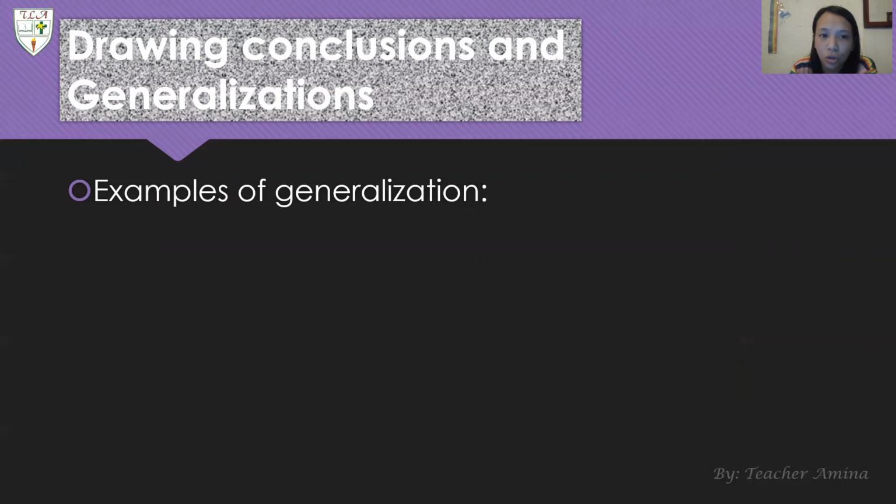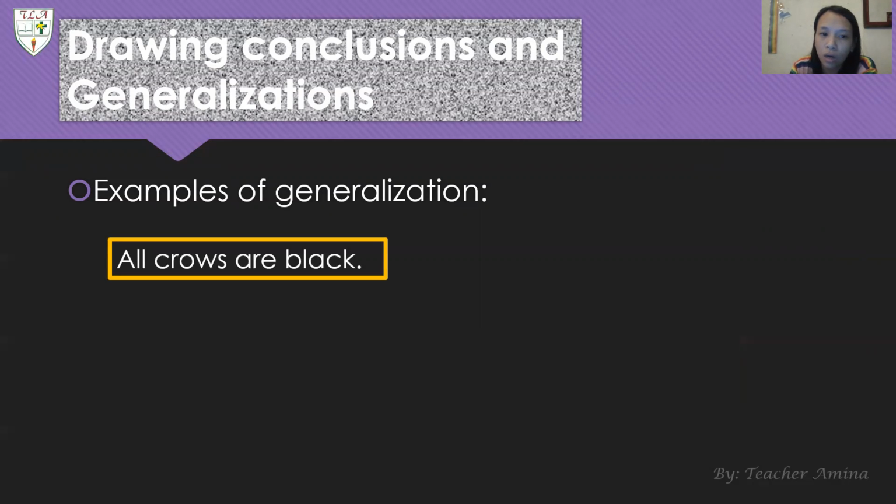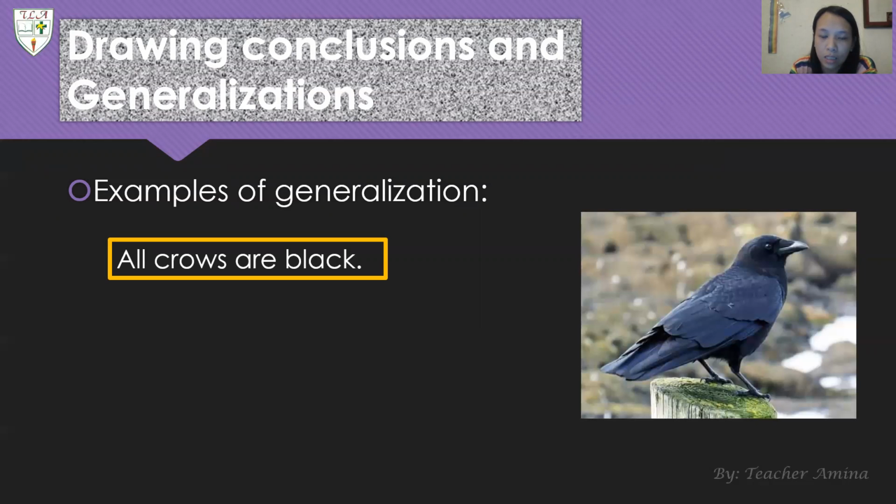Okay. For examples of generalization, all crows are black. So this is a generalization because the person talking about crows, saying that all crows are black, is generalizing it, making it his opinion or what he thought was fact.